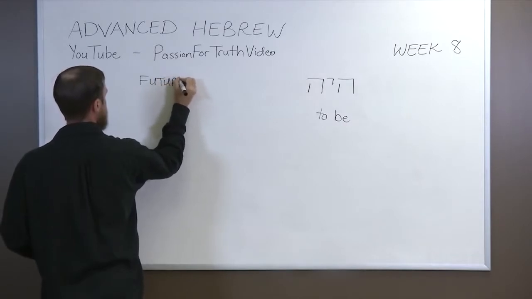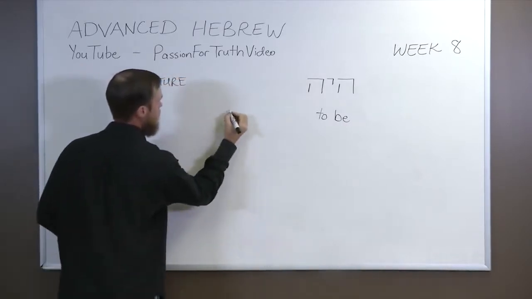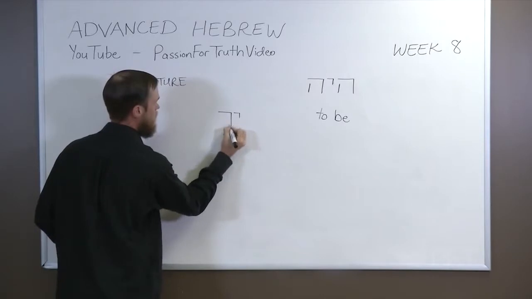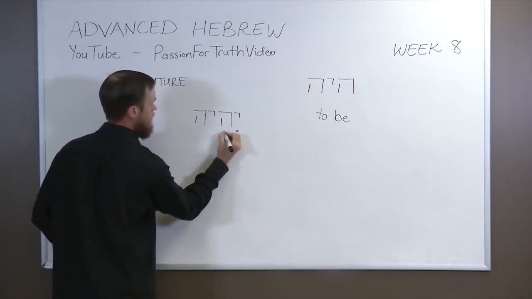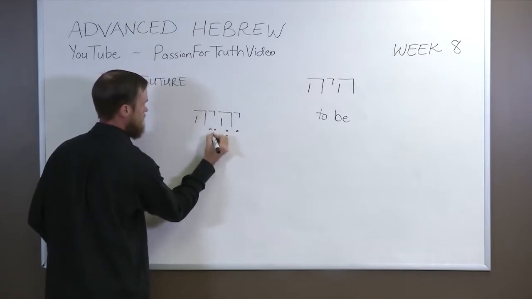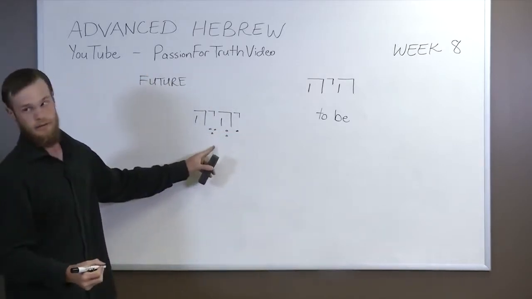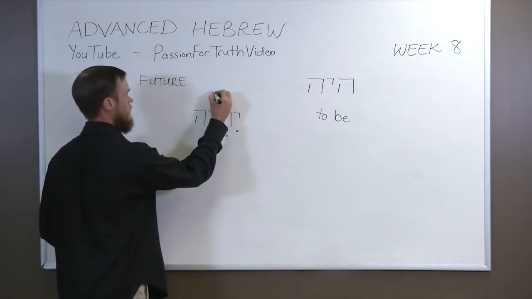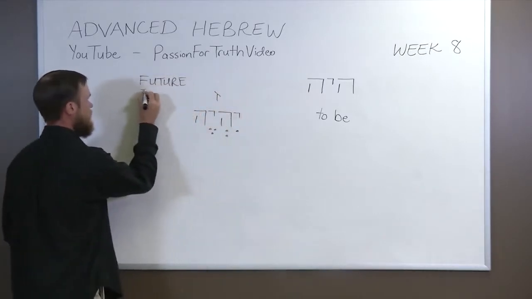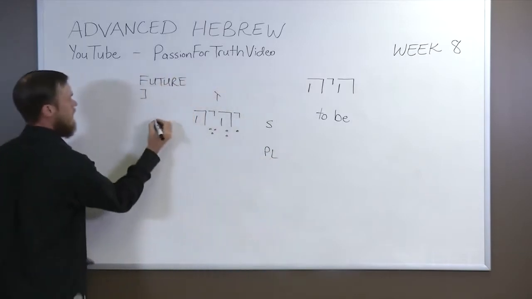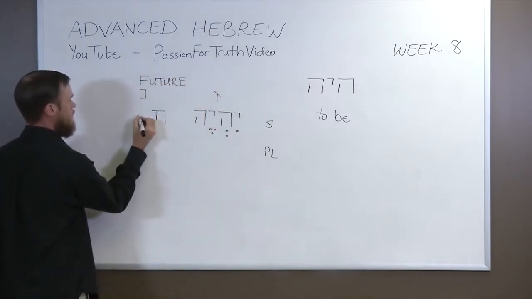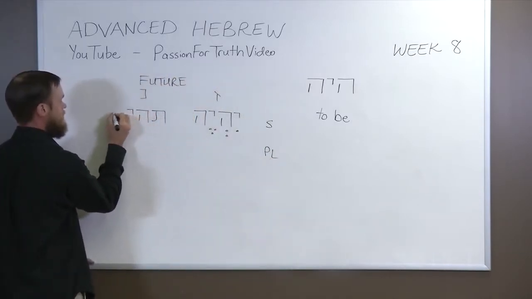Future tense, third person, masculine, singular, is yihiyeh. That's he will be. Okay, so actually I'll use my zayin and nun like I should. Feminine is tihiyeh, she will be.